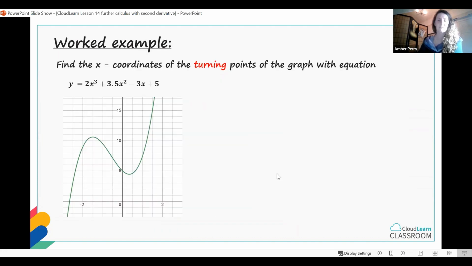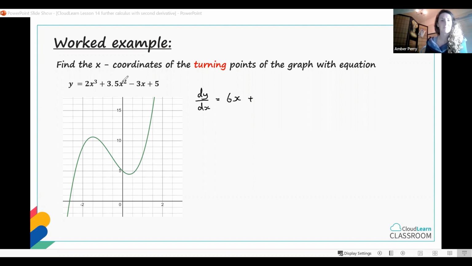So step 1 is going to be to differentiate this. Once again, if you want to differentiate it and pop your answer in the chat, do have a go. I'm going to go through this here. Differentiating is going to be bringing that 3 down and timesing by 2. We've got 6x squared plus. Being confident with this method is great for the GCSE because you do get 1 mark for every single term you differentiate.